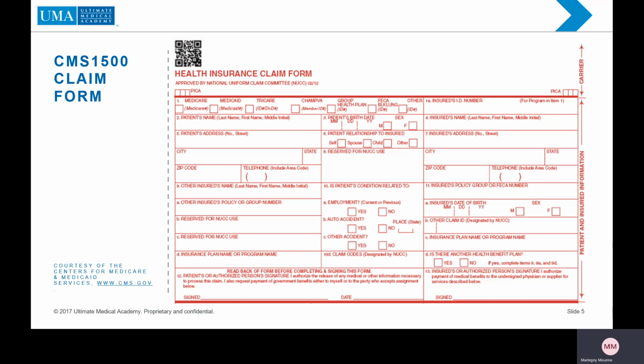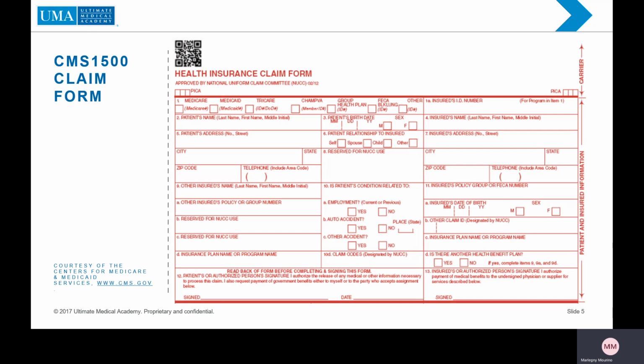Then form locator 11, this is the insured policyholder or FICA number. 11A is the insured's date of birth or sex. 11B, form locator 11B, employer's name or school name for insured. 11C, insurance plan name or program name.